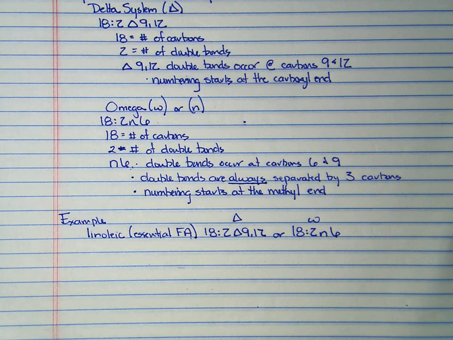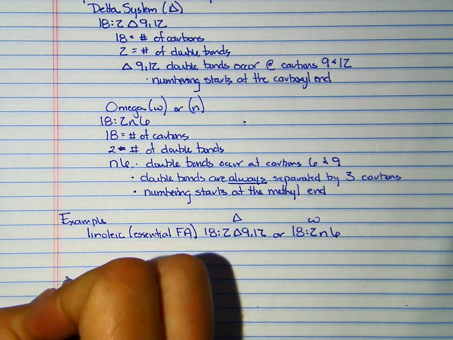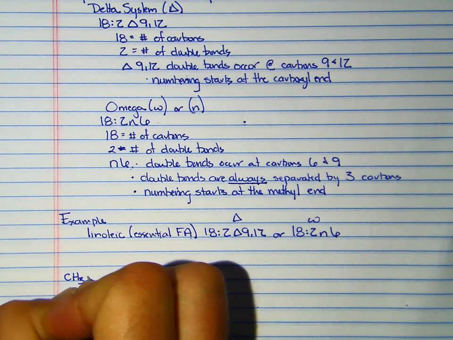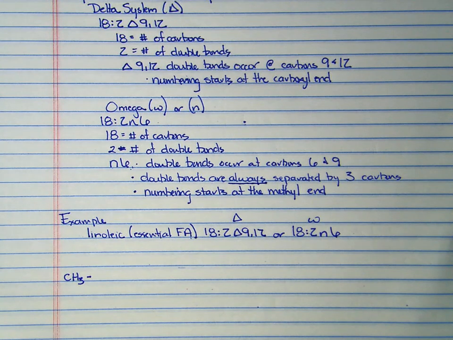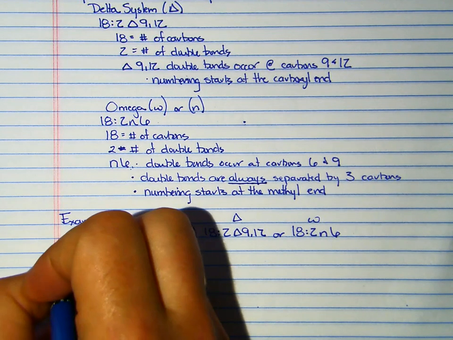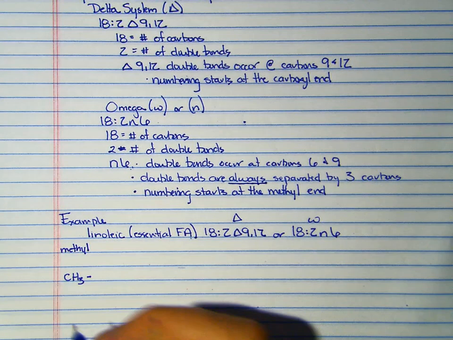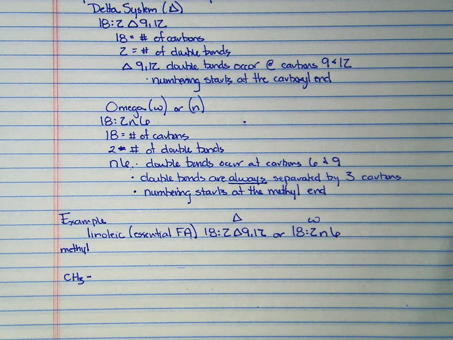So what we need to be able to do is sit down and draw it out. And so you have CH3, which is the omega carbon or the methyl carbon. Yes, it is the methyl, because it is a methyl group.